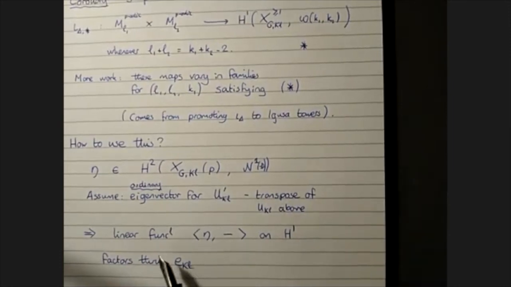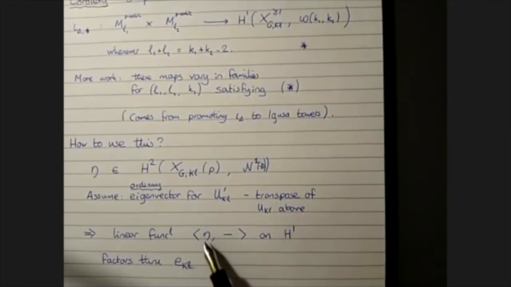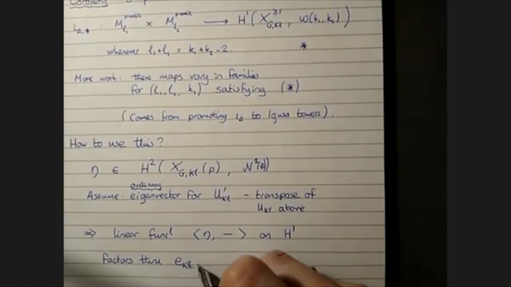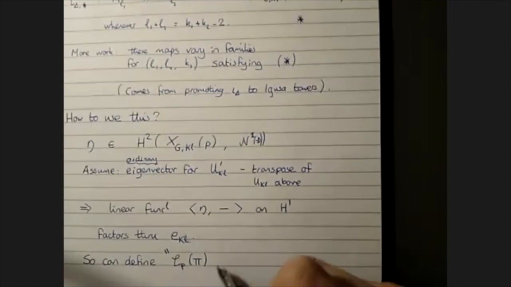And then because the two Hecke operators are interchanged by Serre duality, the linear functional given by pairing with this one factors through the Klingen Hecke operator for the usual Euclidean. So it makes sense to define a p-adic L function, which I'm going to very roughly sketch.